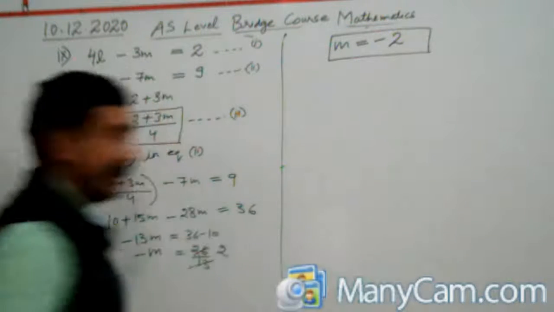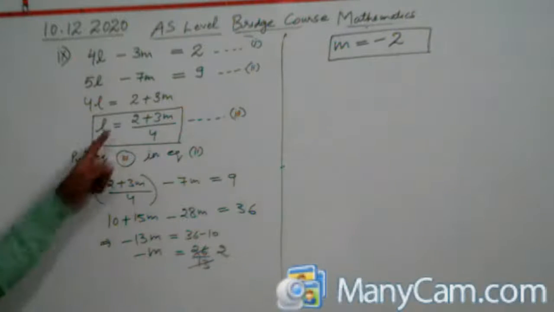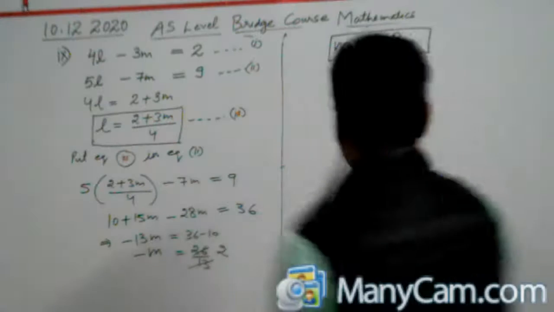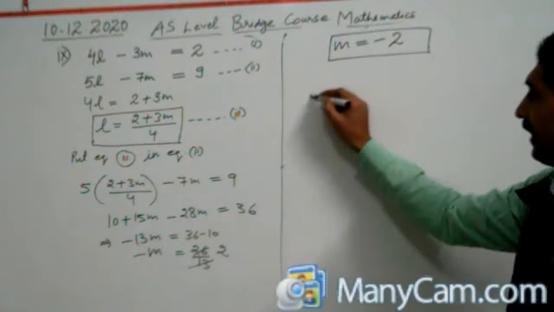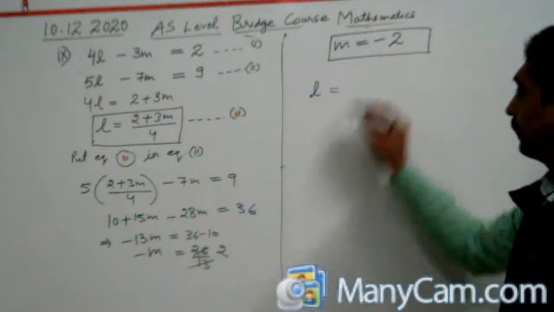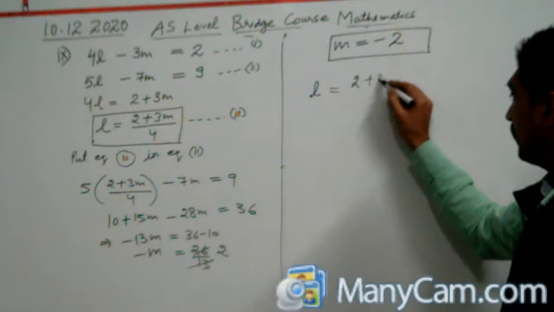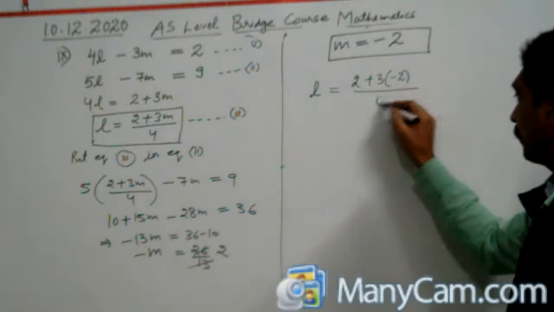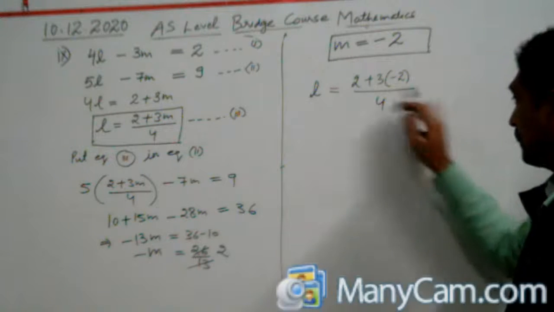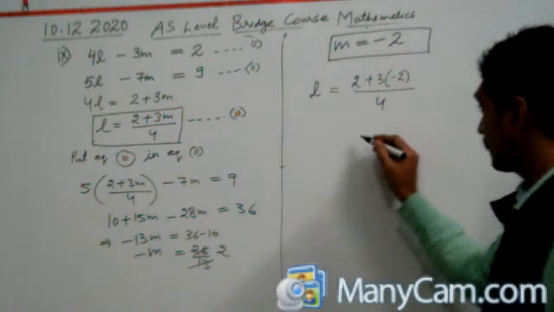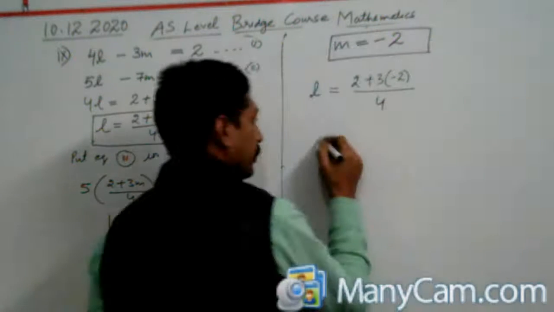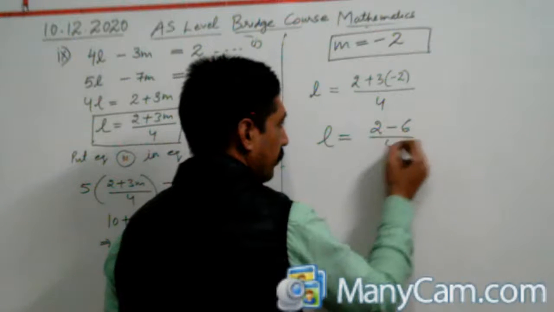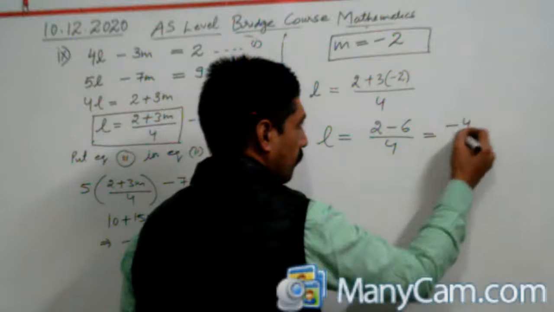Now we are interested to find the value of L. We have already found in the third equation L is equal to 2 plus 3 into m divided by 4. m is minus 2, so L is equal to 2 minus 6 upon 4, which is equal to minus 4 upon 4.